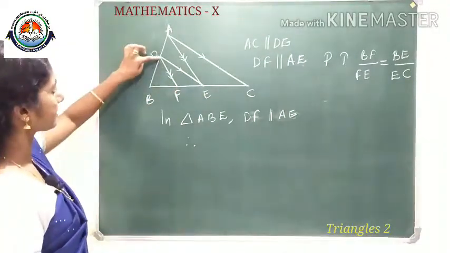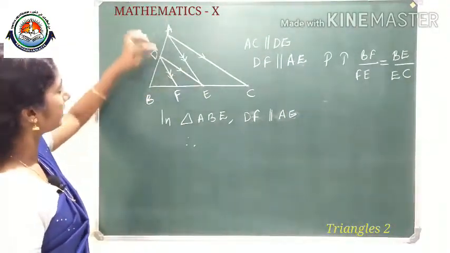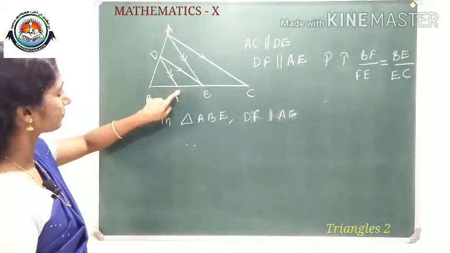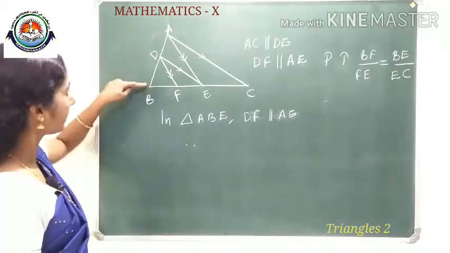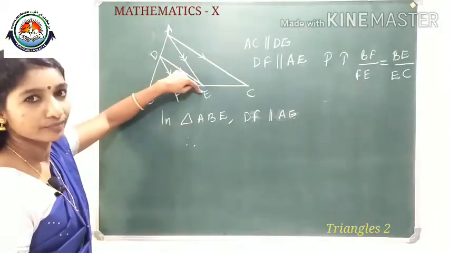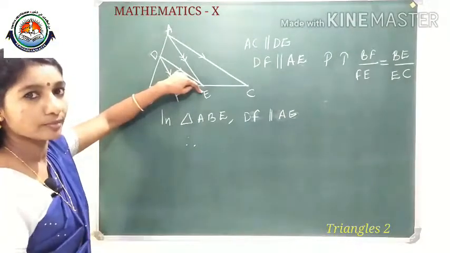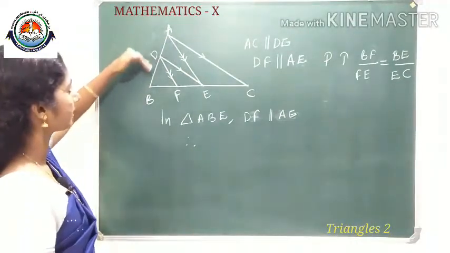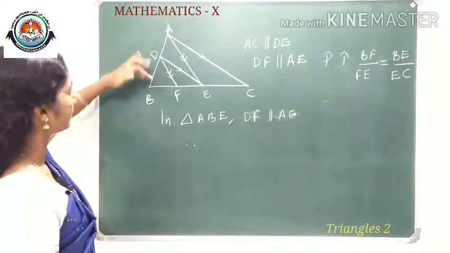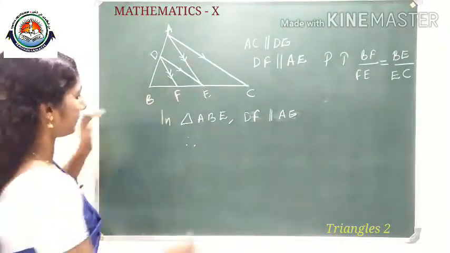So what we can write, since DF is parallel to AE, AD by DB equal to EF by FB, or BD by DA is equal to BF by FE we can do. Any order, no problem, whatever order you take on one side, the same way you need to take the other side, that much only. So here we are doing BF by FE.